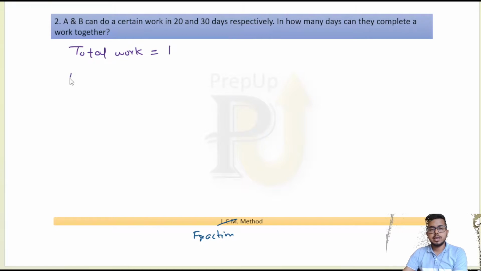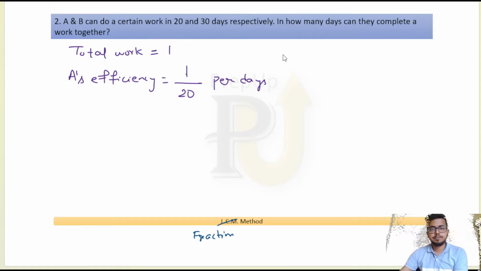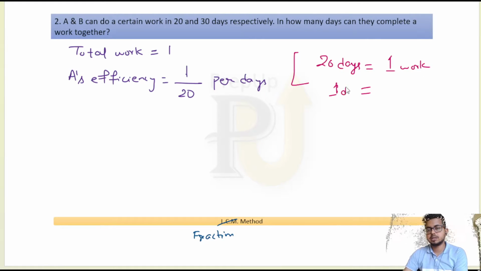Now A's efficiency, as we did in the last slide, would be one work done in 20 days. So we are doing 1 upon 20 work per day. How did we reach this number? If one work is done in 20 days, then in one day, by cross multiplying, we reach 1 upon 20 of the work.